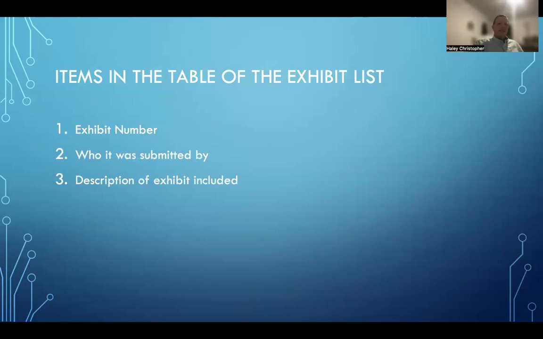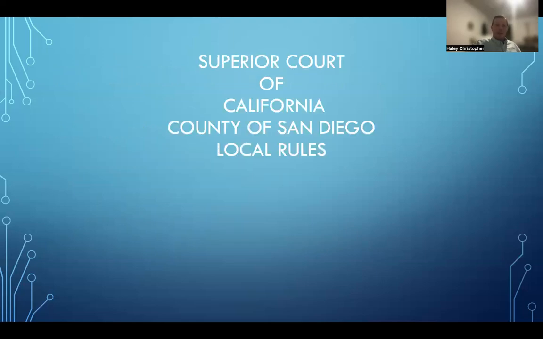And so getting to the exhibit, I want to do a little side note real quick about a very important rule that we need to pay attention to in the Superior Court of California, County of San Diego local rules.